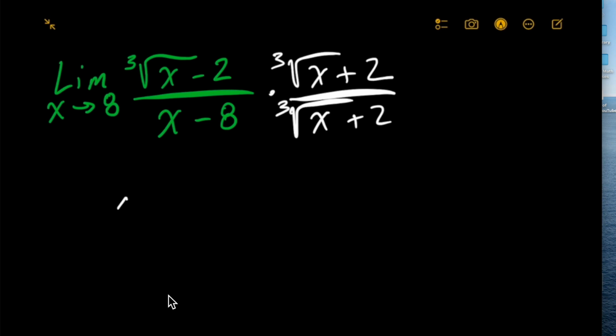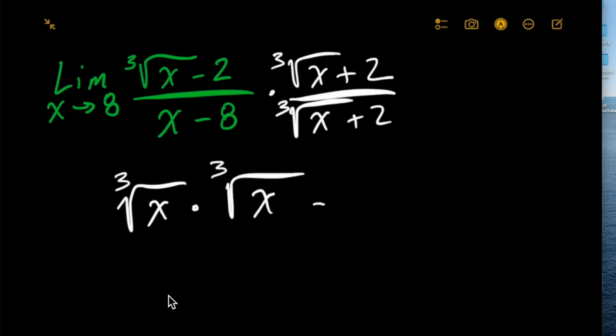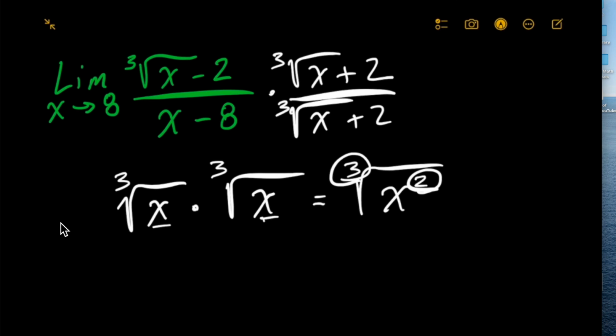You would have cube root of x times cube root of x. Because these roots are the same, you're allowed to keep the root the same and multiply the two radicands, and you would get the cube root of x squared. Here, the root does not match the exponent in the radicand, so you are not allowed to remove that radical. You can rewrite this as x to the 2/3, but that is not helpful.